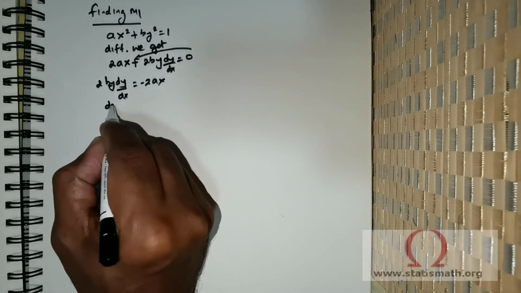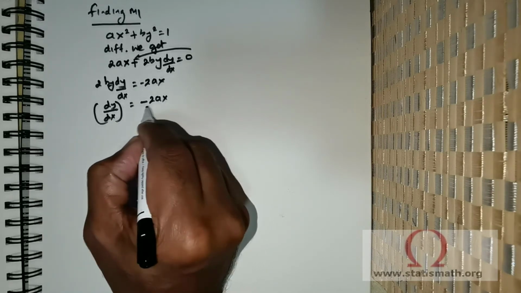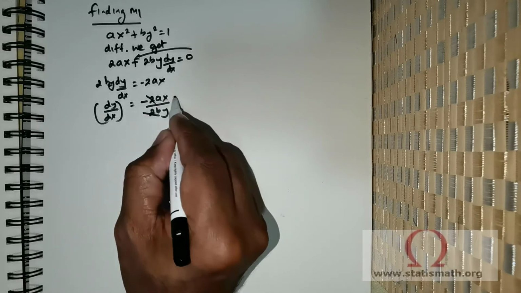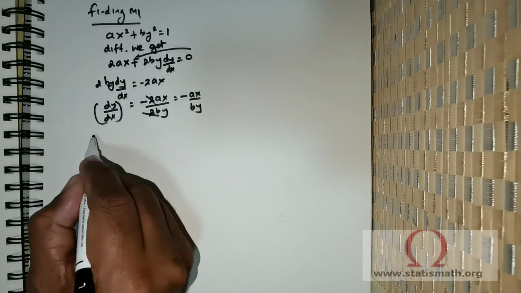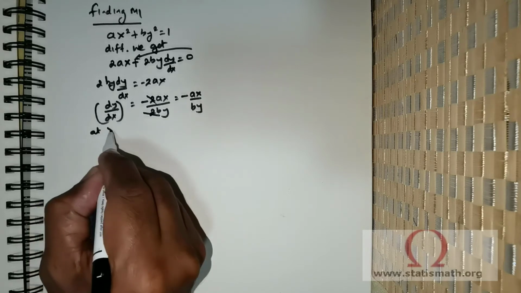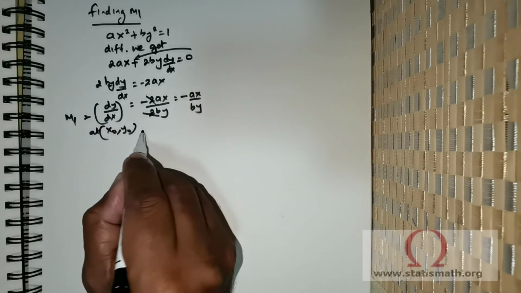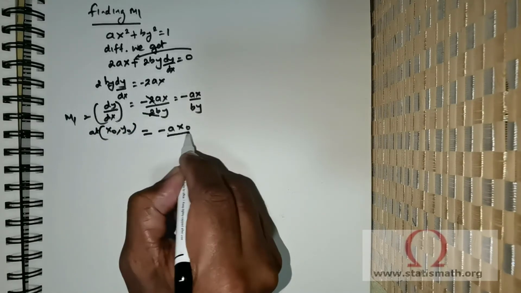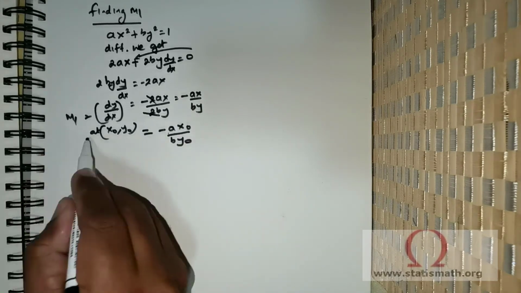This can be rewritten as dy/dx = −2ax/2by. I can cancel the 2's, so that is going to be −ax/by. Now, we have taken the point of intersection as (x0, y0), so at (x0, y0) we obtain m1 = −a x0/(b y0). So this is one slope we have got.